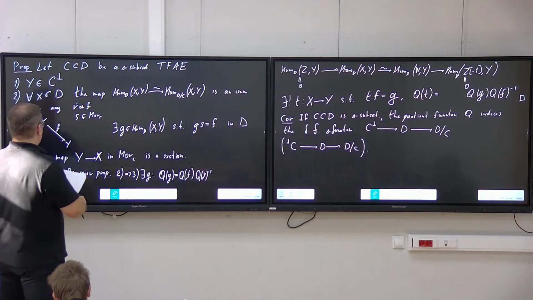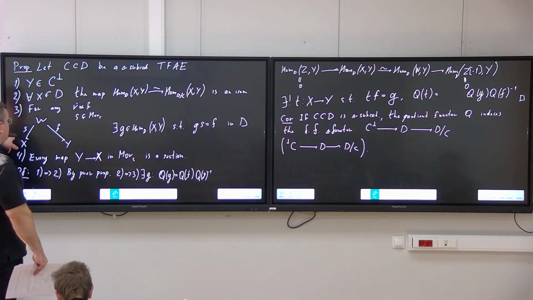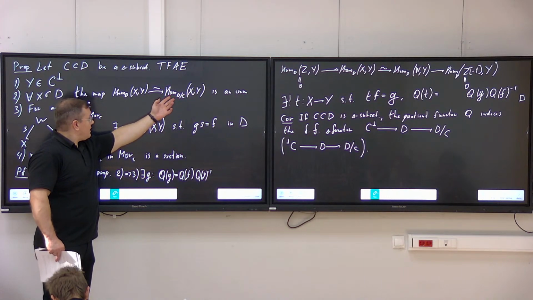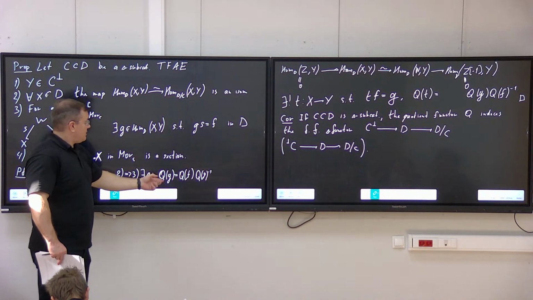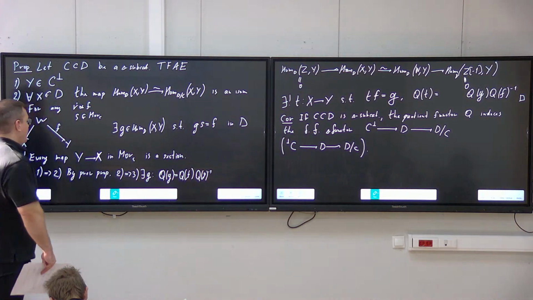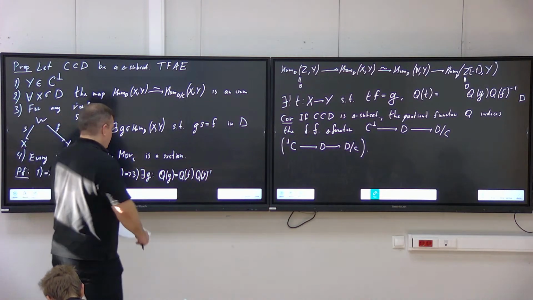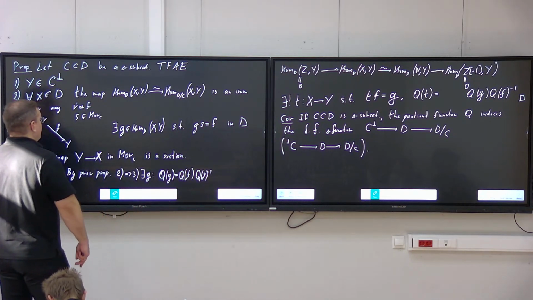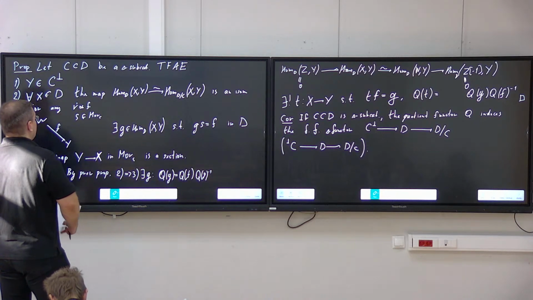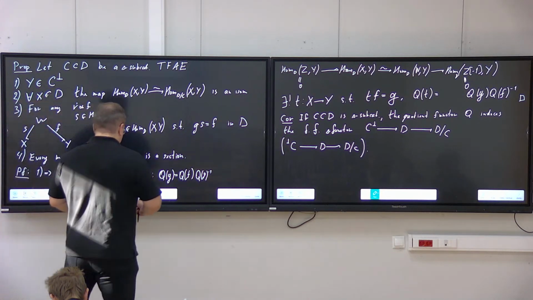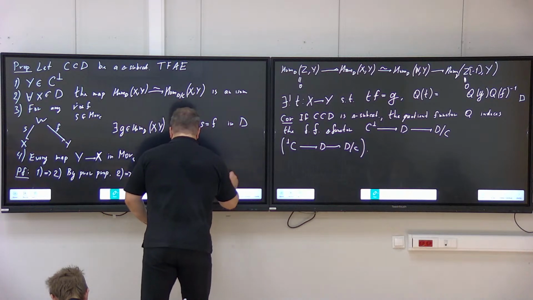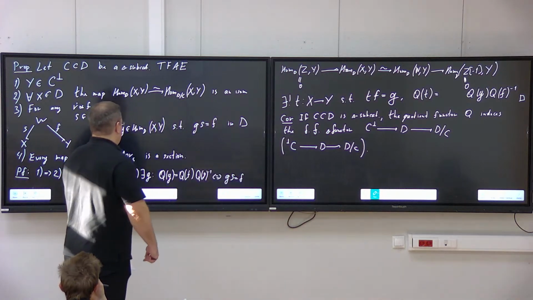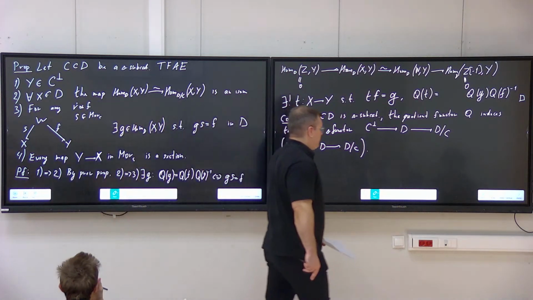This is because I have a roof, so this roof corresponds to this fraction, which is an element here, and there is a unique G such that Q of G is this fraction. But this G actually solves the problem, since I know that in this situation Q induces an isomorphism, so I can say that this is equivalent to the composition G and S equal to F. So 2 to 3 is quite simple.